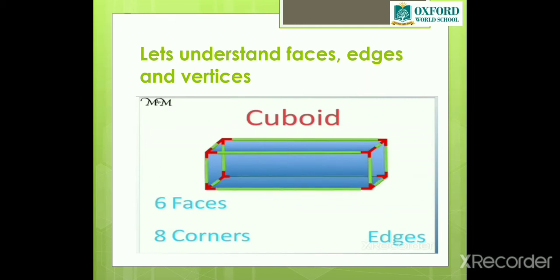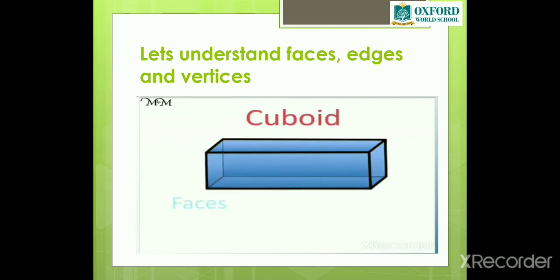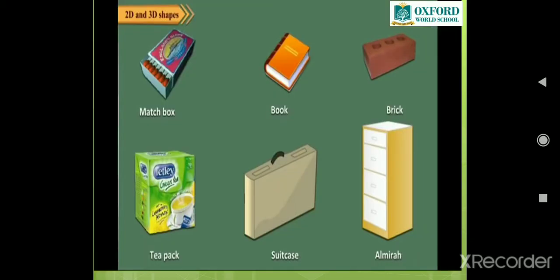Yes, we have 12 edges. So we can say that in a cuboid, we have faces, corners, and edges. In a cuboid, we have 6 faces, 12 edges, and 8 corners.